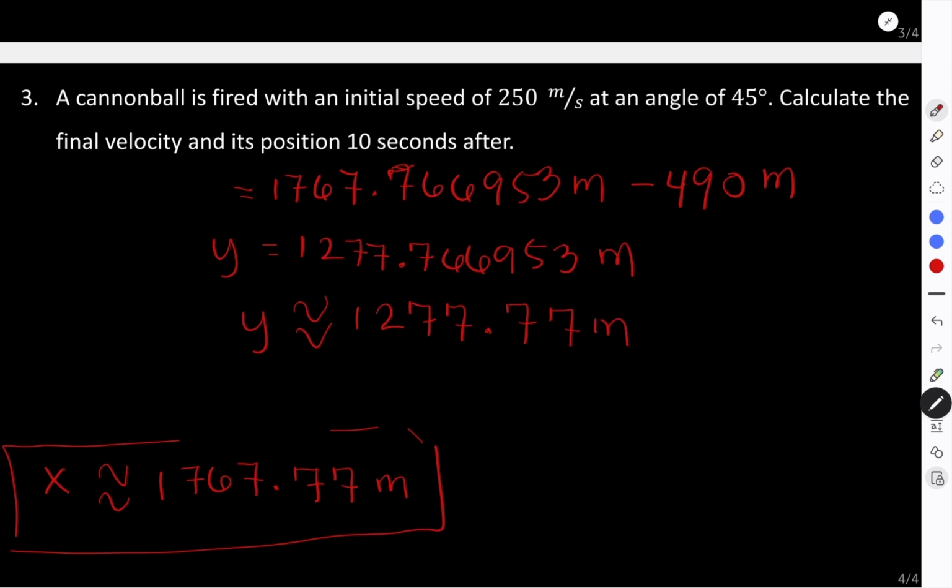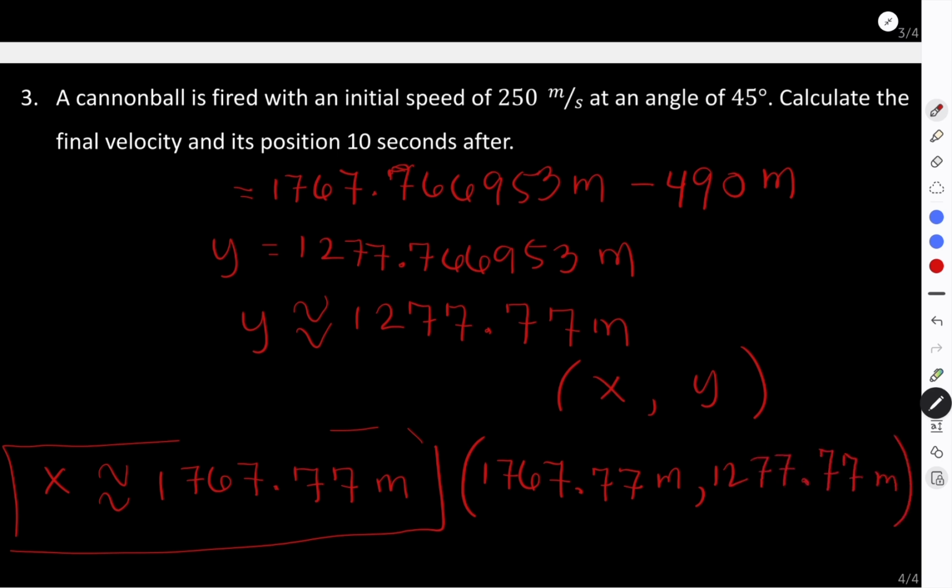So if we plot that in our x and y, we can write it down as x equals 1767.77 meter and y equals 1277.77 meter. So x is far, y is high.